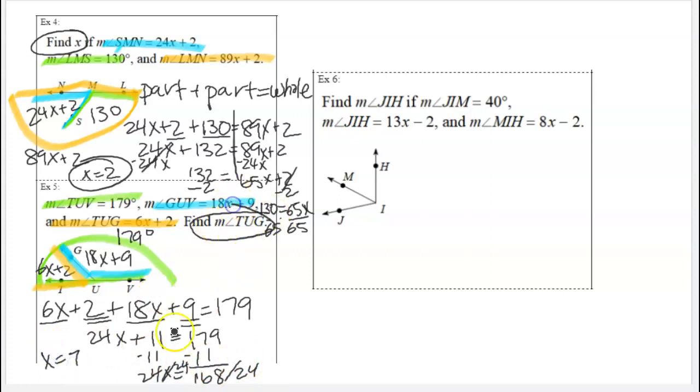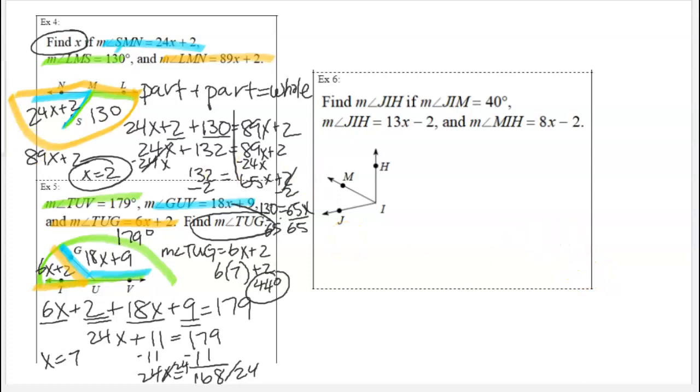However, in this problem, I am not done. It says to find the measure of angle TUG. The measure of angle TUG is 6x plus 2, and now that x is 7, 6 times 7 plus 2 is 44. That is the measure of angle TUG.